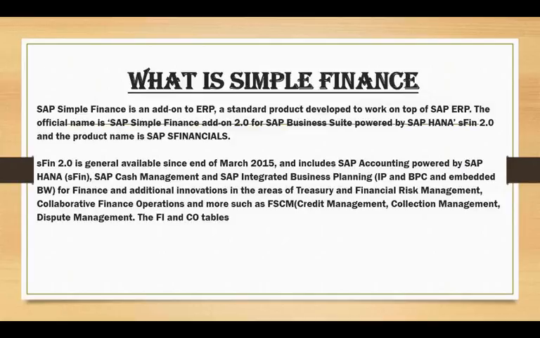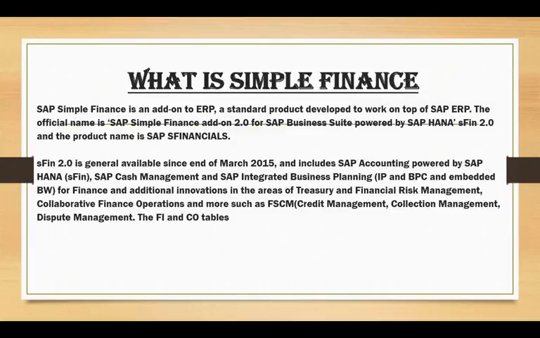This was normally introduced into the market in March 2015, and it includes accounting and other activities such as cash management and integrated business planning, including BPC, and additional innovations in the area of treasury and risk management, and collaborative financial operations such as FSCM, credit management, collections, disputes, and FI and CO. That means we need to understand very clearly what major changes occurred in Simple Finance compared with the traditional financial system.